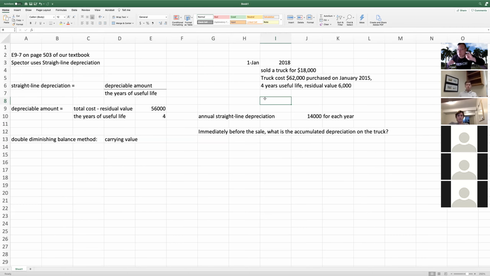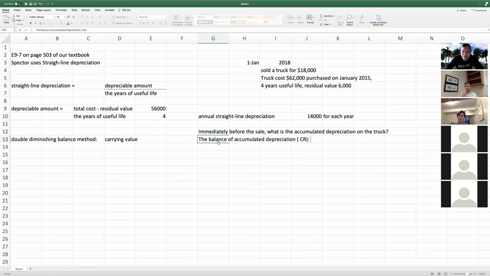So 3 years has passed between the purchase date and the sales date. So for the cumulative depreciation, what's the balance? That's the credit balance, should be what? 42,000. Very good, right? So it's 3 years, and remember, each year is 14,000. So for 3 years, the accumulation is 42,000.